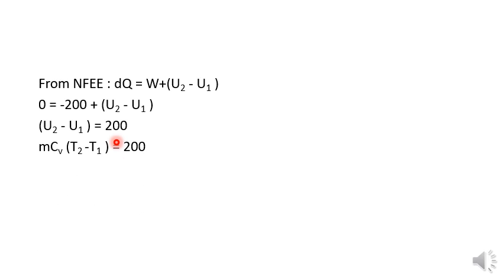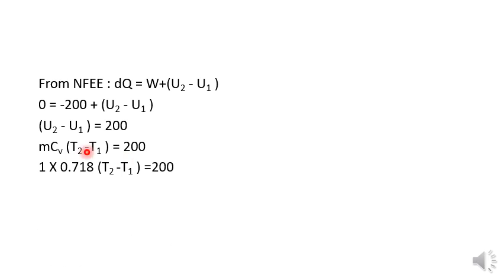So dQ is equal to W plus (U2 minus U1). So 0 equals minus 200 plus (U2 minus U1). So U2 minus U1 is equal to 200. We know that U2 minus U1 we can also write as m Cv (T2 minus T1). So m Cv (T2 minus T1) is equal to 200.